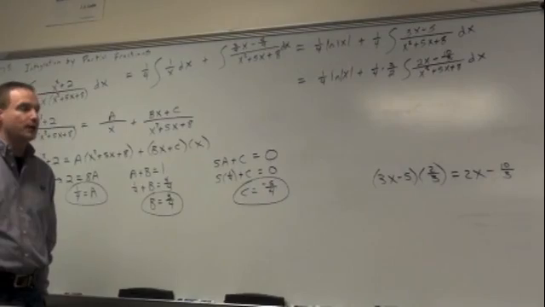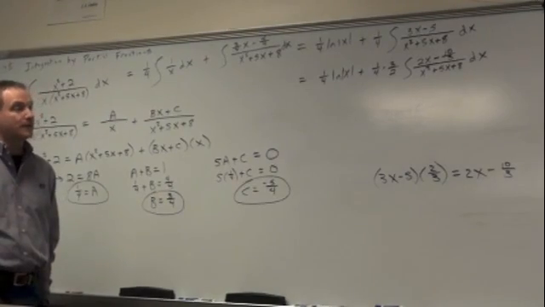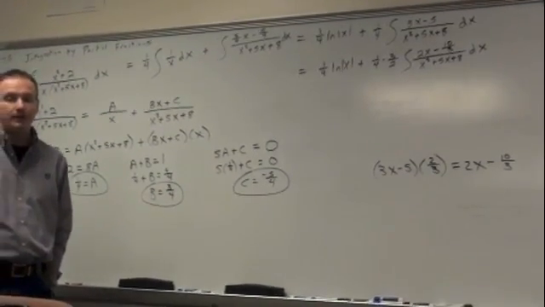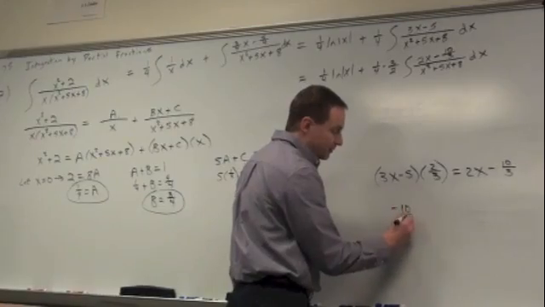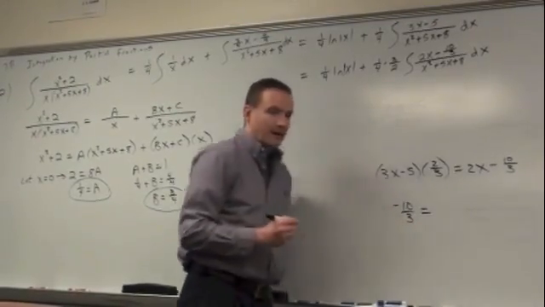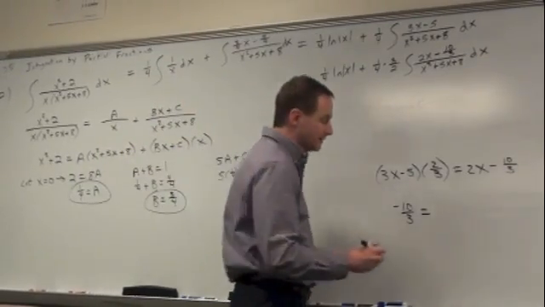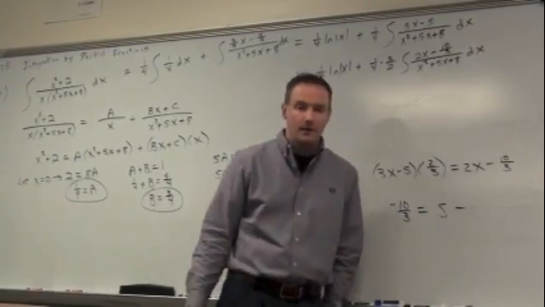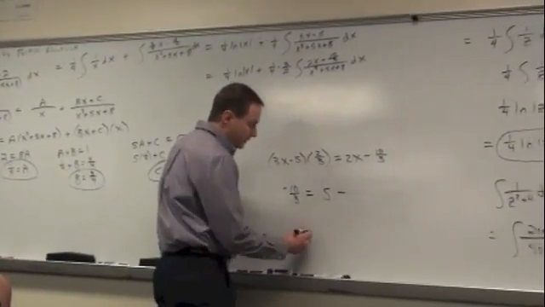You say, well, okay, you needed to see a 2x plus 5 in the numerator. I don't have that. But I could say, I have a negative 10 over 3. I need a plus 5. Well, negative 10 over 3 is the same thing as a positive 5 minus what? I know 5 is the same thing as 15 over 3.